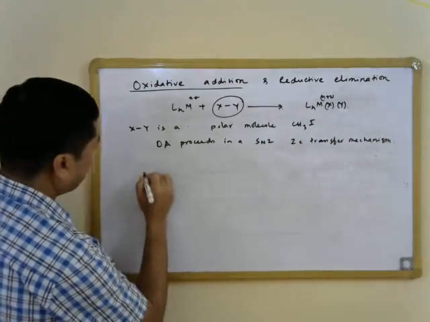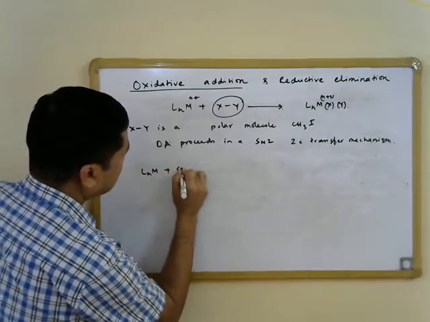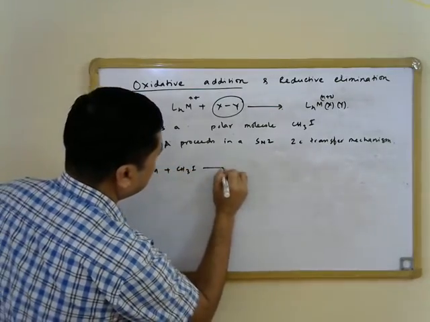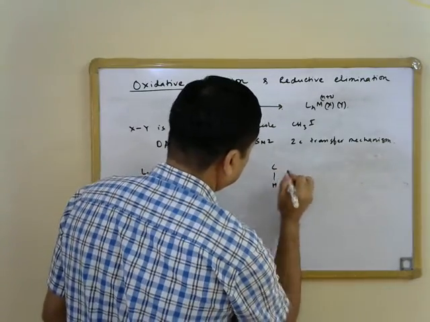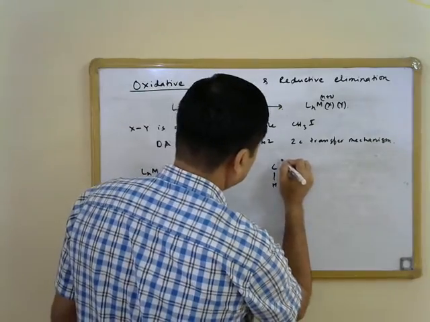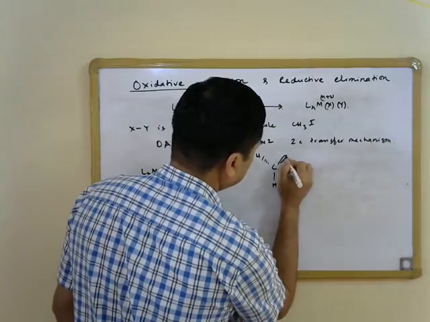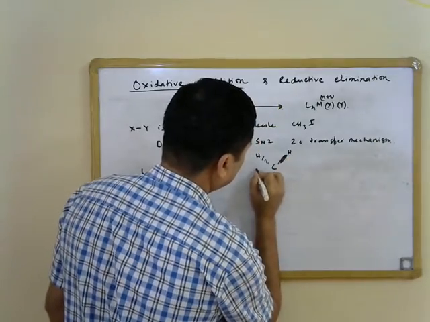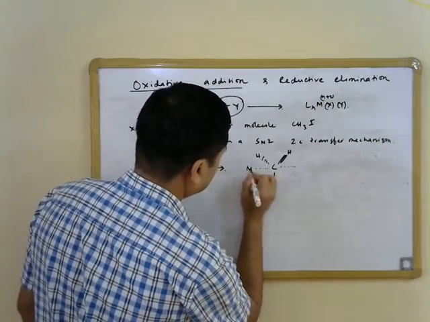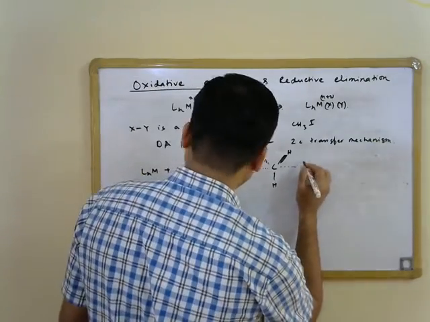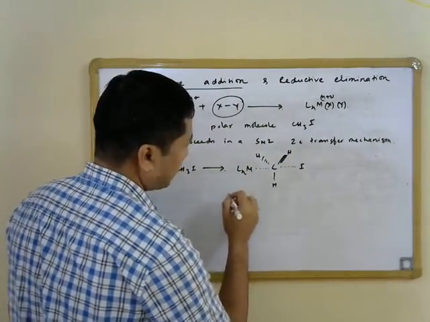So that is, we can have say LnM plus CH3I essentially gives us this sort of species.